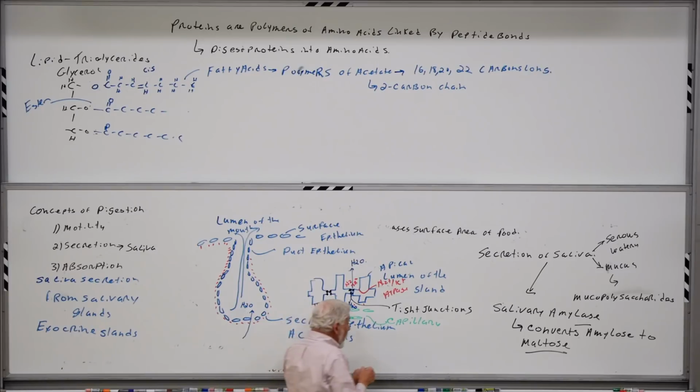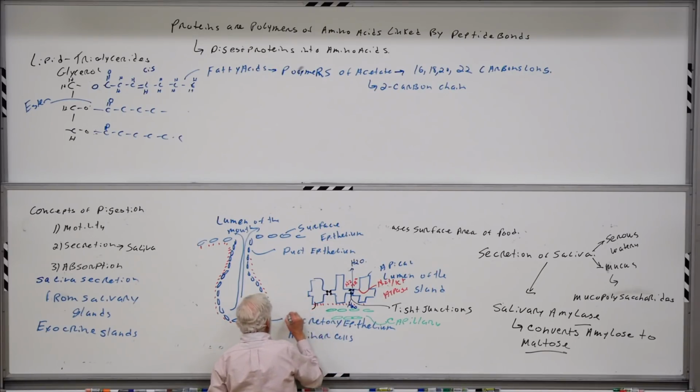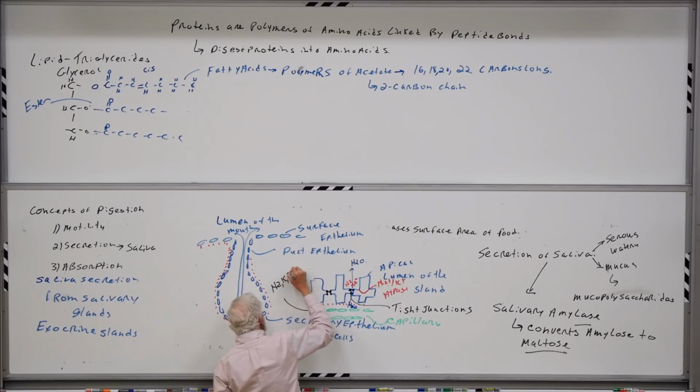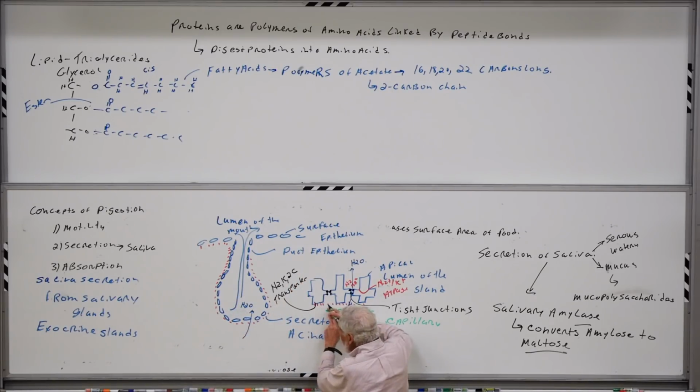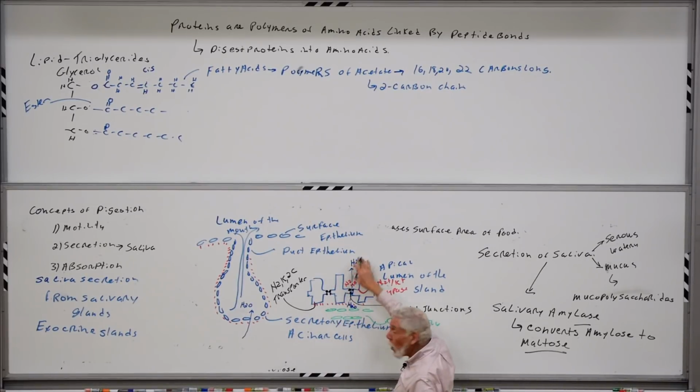Now another old friend that we have here, on these basilar surfaces of these membranes, will be the sodium-potassium-2-chloride transporter. So we're moving sodium and chloride and potassium into the cell. And then right in these regions, we're pumping the sodium out again to form an osmotic gradient so we can draw water across. And chloride will follow.